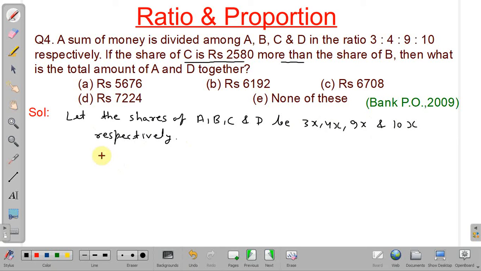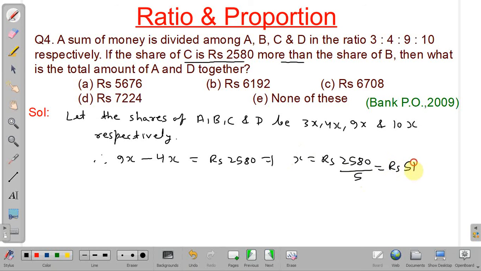Now the difference between C and B is given as 2580. Therefore C's share we know is 9x, so 9x minus B's share 4x is equal to rupees 2580. So from this we get 5x equal to 2580, so x will be equal to rupees 2580 divided by 5, which is rupees 516.